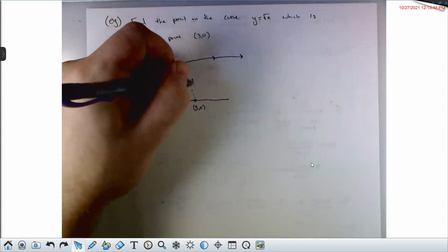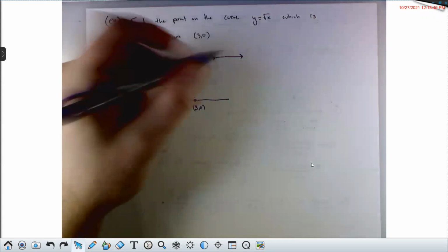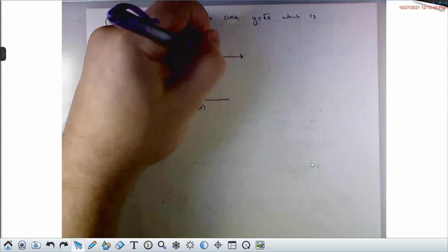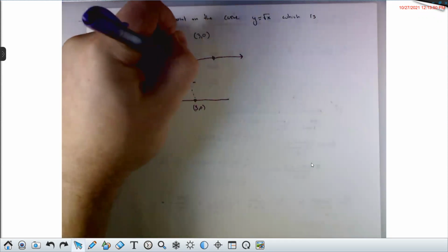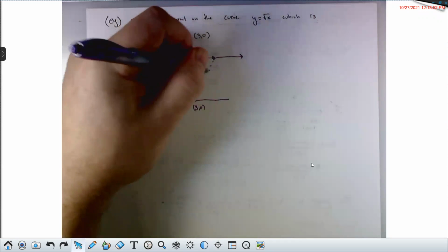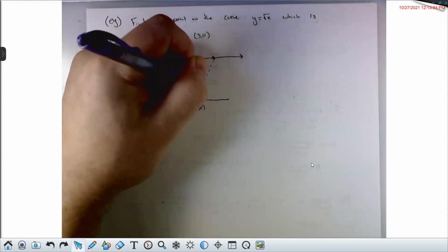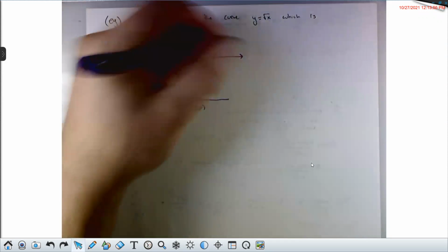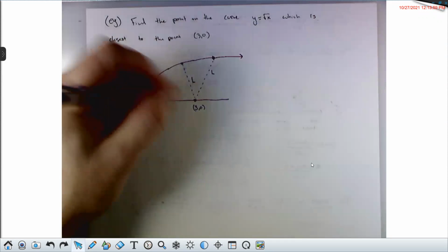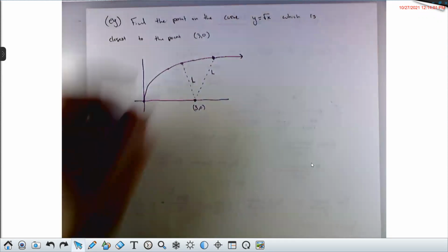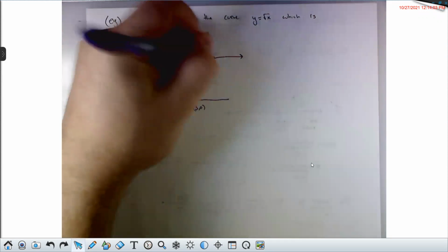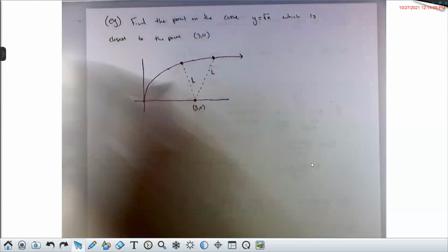I'll call it L for length. Here's another possible length. Over here, there are some. So the question is, what point on this graph is closest to this point right here?